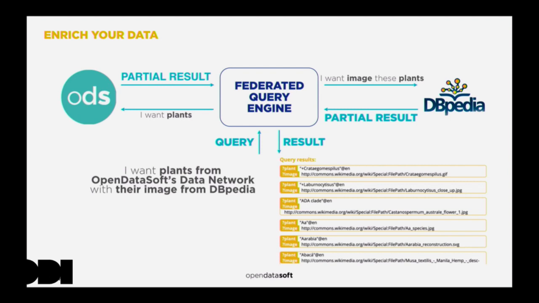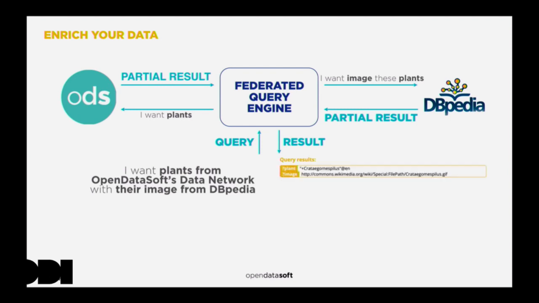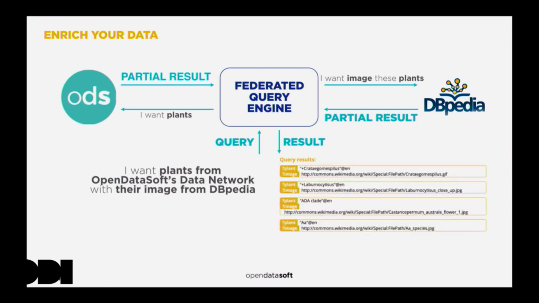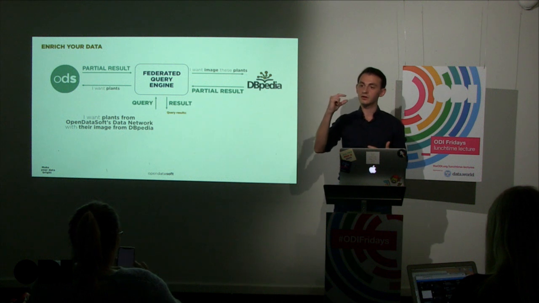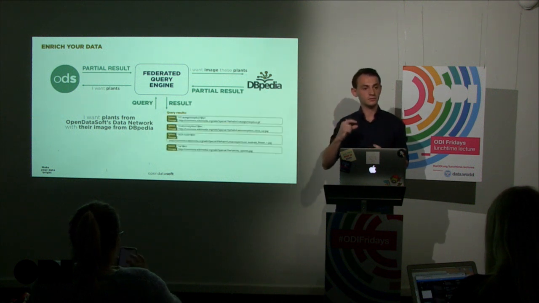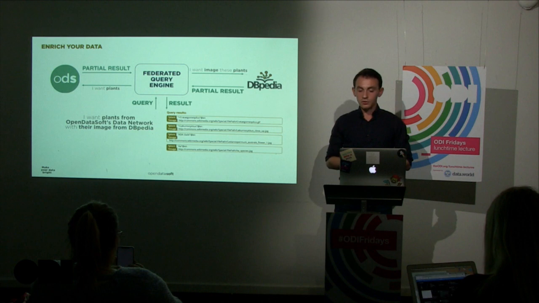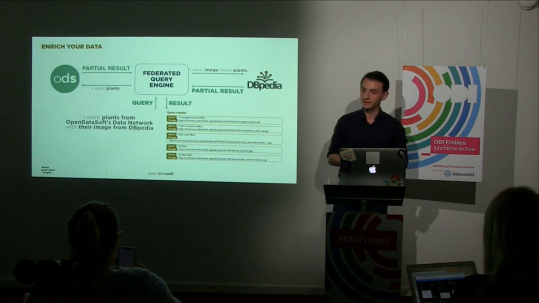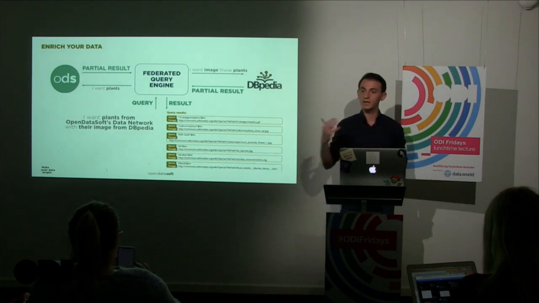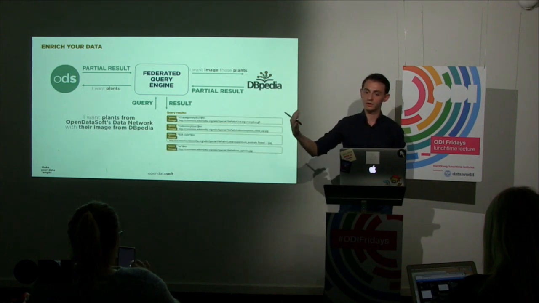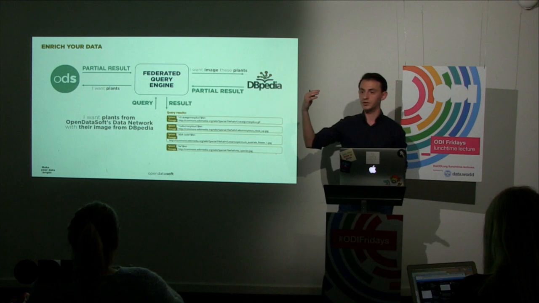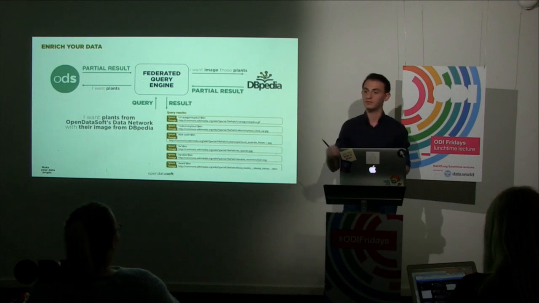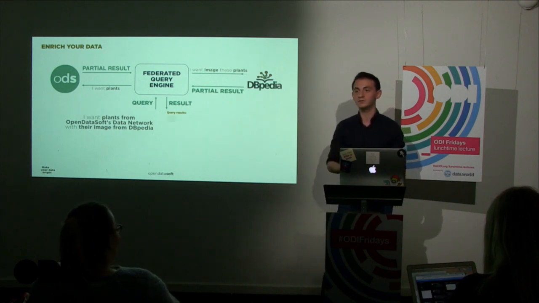You have just the names of plants in your dataset, so it's just a list of strings. And what you want is to add a picture of each plant. You don't have this information in your dataset, but you know that Wikipedia has this information. For all plants, it has information about the species, and for example, pictures of plants.